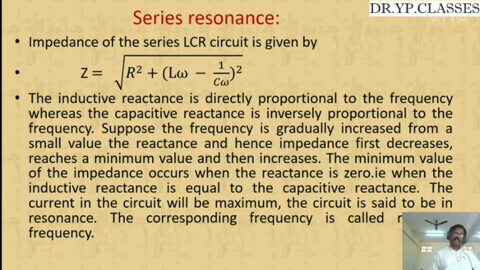One is a resistance, and then inductance and capacitance. In the inductance case, voltage is leading and current is lagging. In the capacitor case, voltage is lagging and current is ahead.